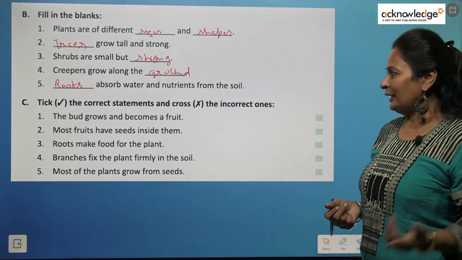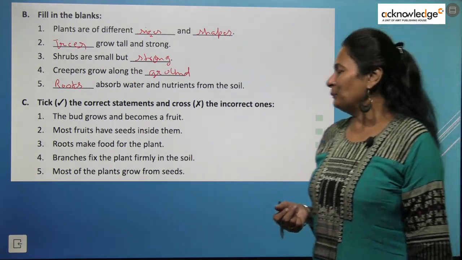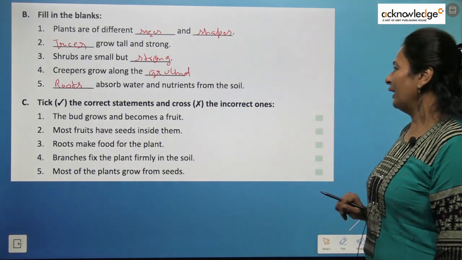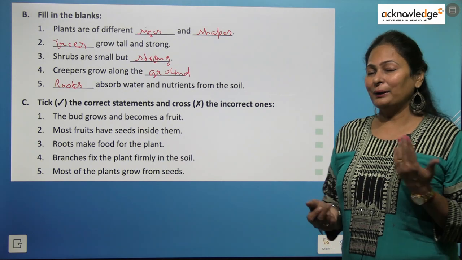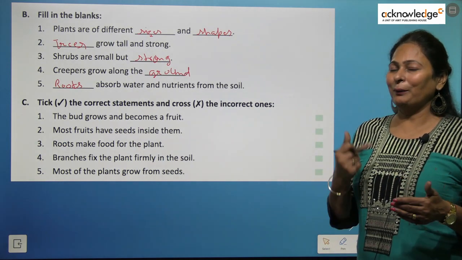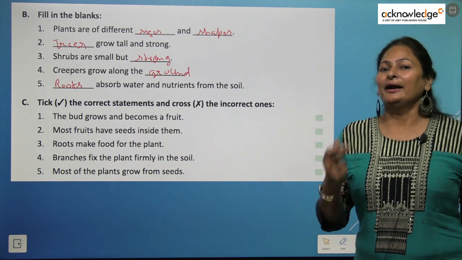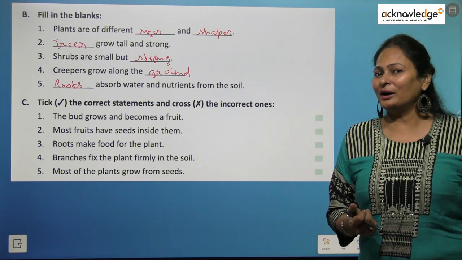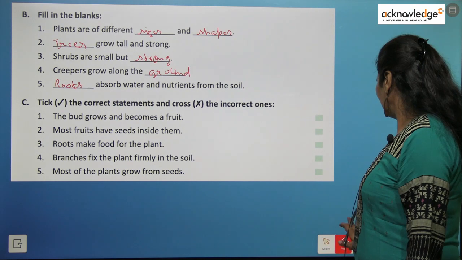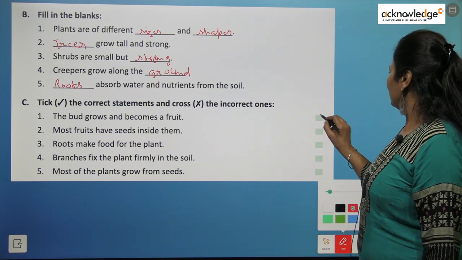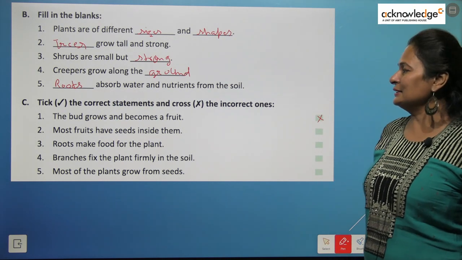So question number C. Take the correct statement and cross the incorrect one. First is the bud grows and becomes a fruit. No, a bud grows into a flower and a flower grows into a fruit. So this is incorrect. So cross this.